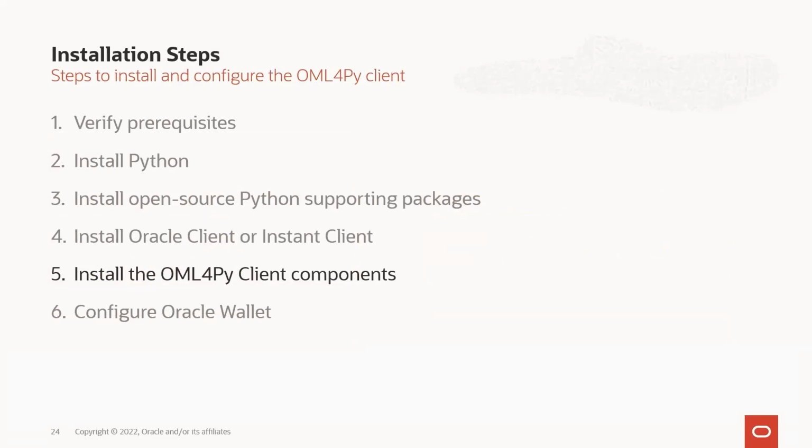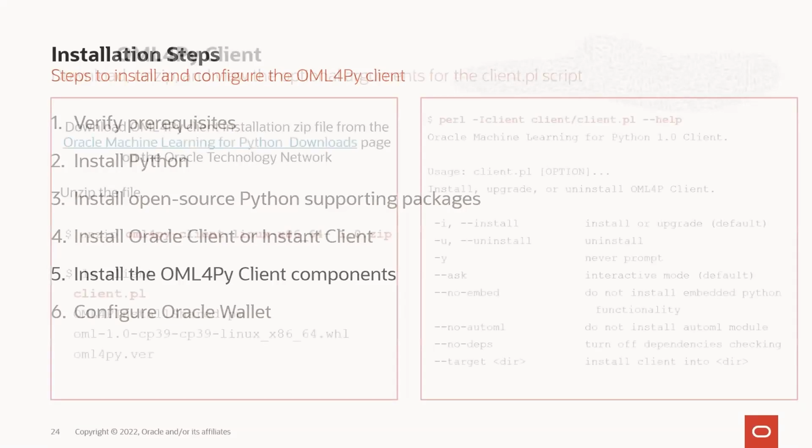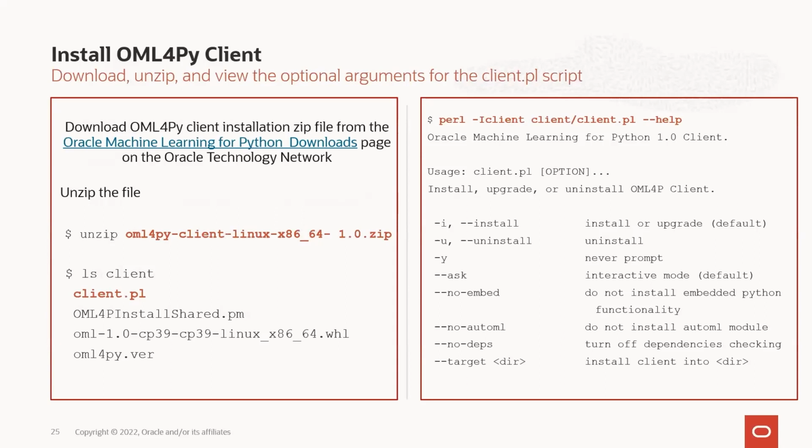Now that the Instant client or Oracle client is installed, you can install the OML4Py client components. This is downloadable from the Oracle Machine Learning for Python downloads page on oracle.com on the technology network. This is the name of the installer, it's a zip file. When you unzip it, you'll get these 4 files, and this Perl script, client.pl, is the installation script.